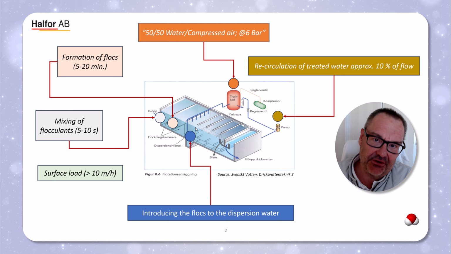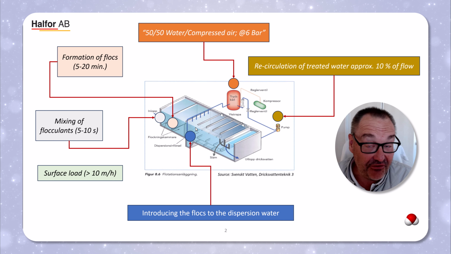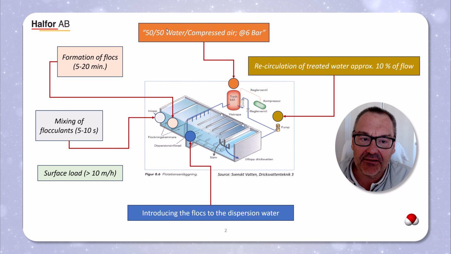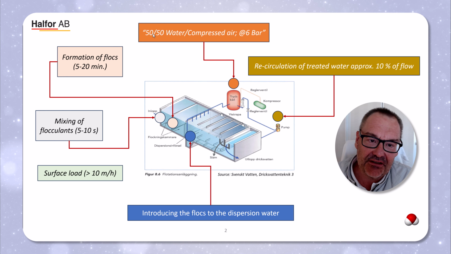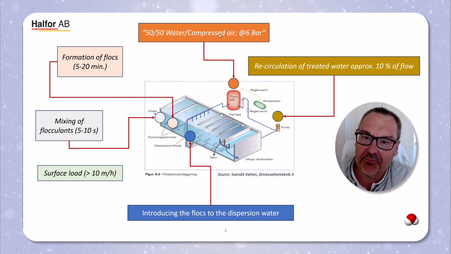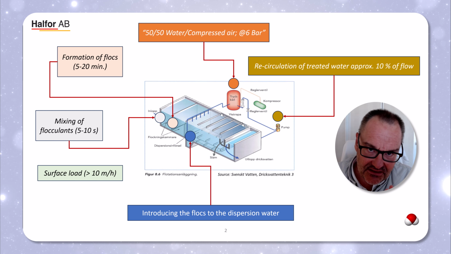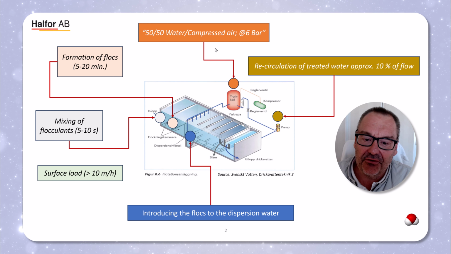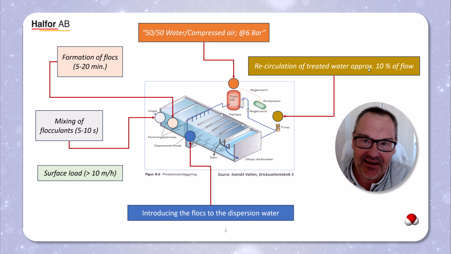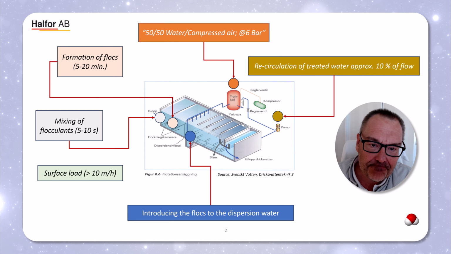In the dispersion chamber, the now formed, fluffy flocks will meet a dispersion water, which contains about 50% treated water and 50% compressed air. The saturation pressure is 6 bar, and the water you feed to this pressure vessel is about 10% of the total flow to the flotation unit.